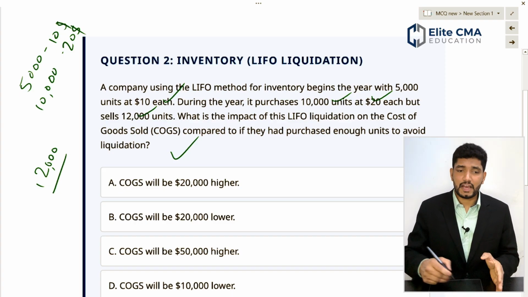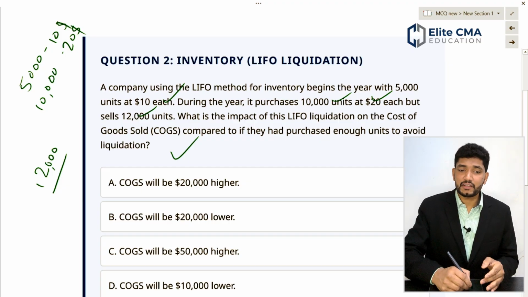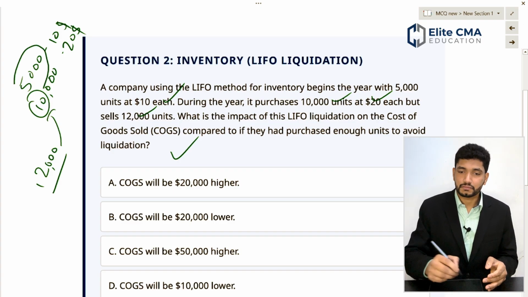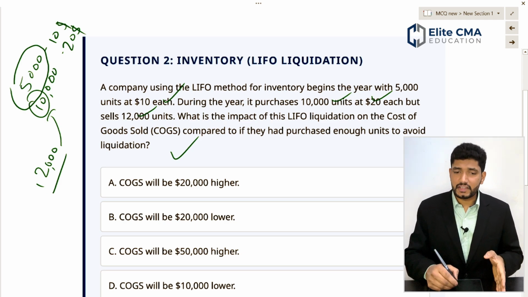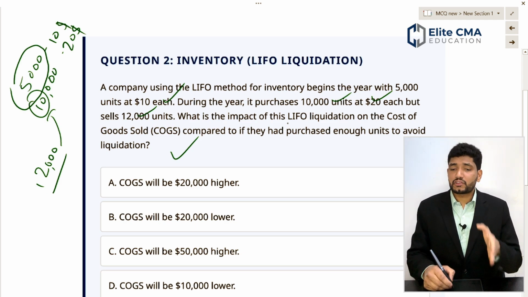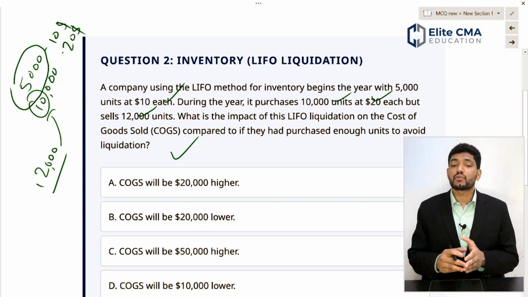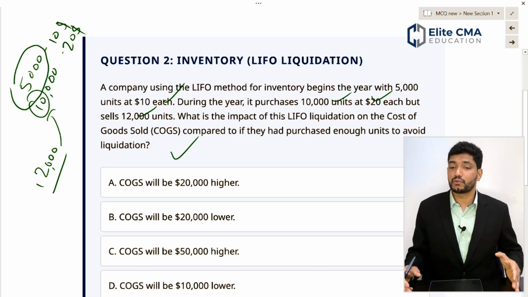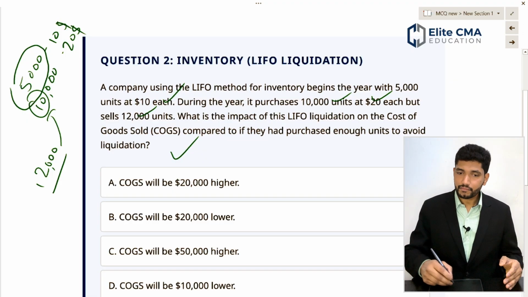So, here a liquidation happened. The company purchased only 10,000 units and the balance 2,000 units are sold from the opening balance. So, here the question is, what is the impact of LIFO liquidation on cost of goods sold compared to if they had purchased enough units to avoid liquidation?